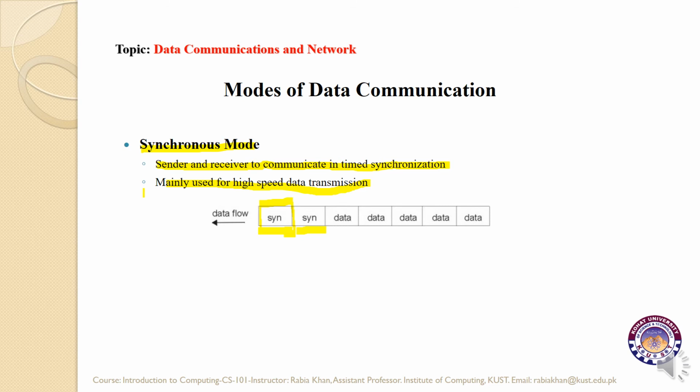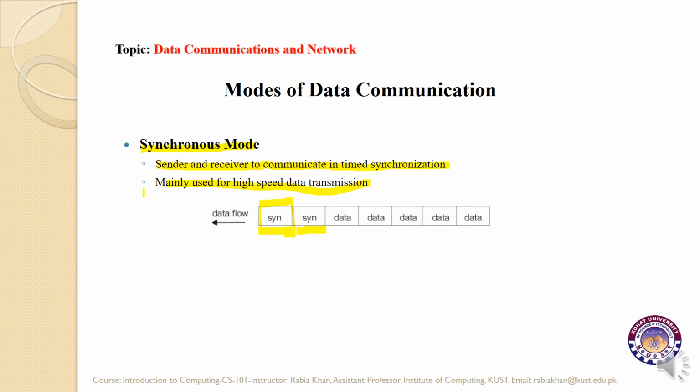Most of the networking protocols such as Ethernet, SONET and token ring use this mode of data communication. So the benefit it brings is that it is the fastest mode of data communication as compared to the other modes.